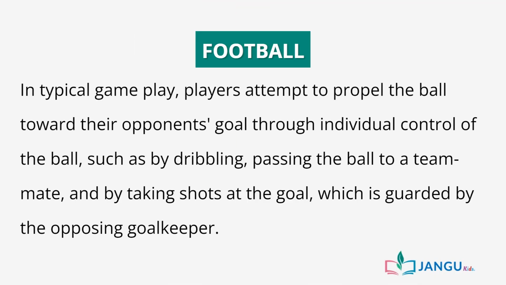In typical gameplay, players attempt to propel the ball towards their opponent's goal through individual control of the ball, such as by dribbling, passing the ball to a teammate, and by taking shots at the goal, which is guarded by the opposing goalkeeper.